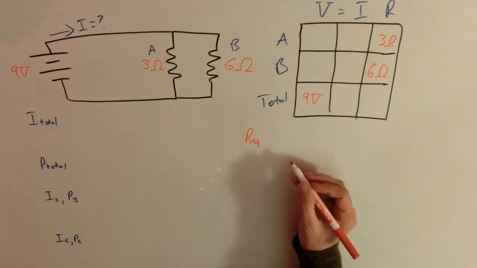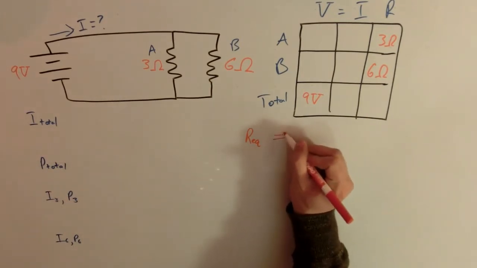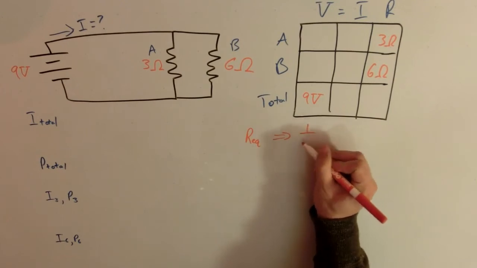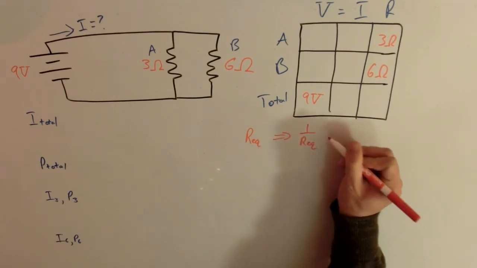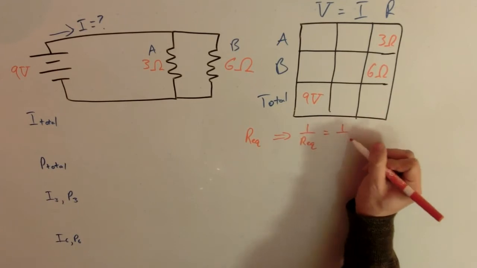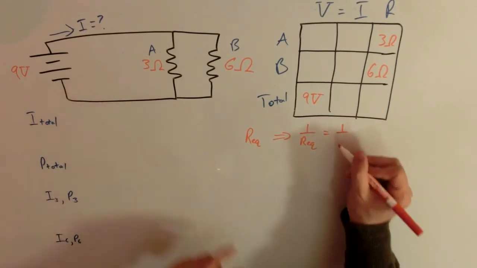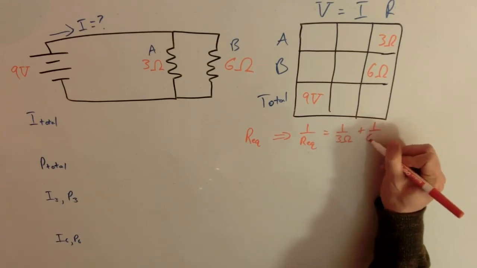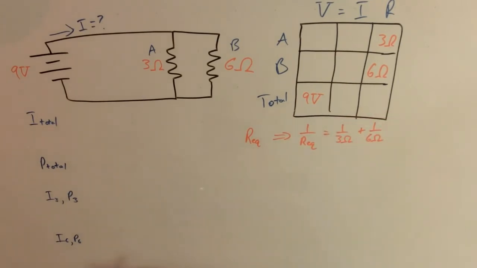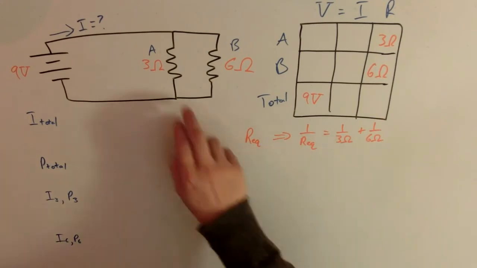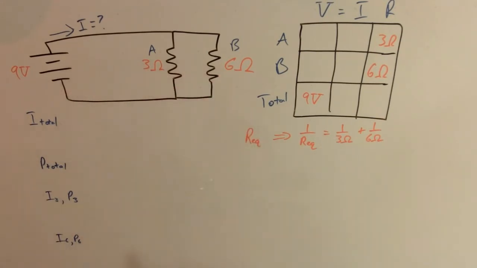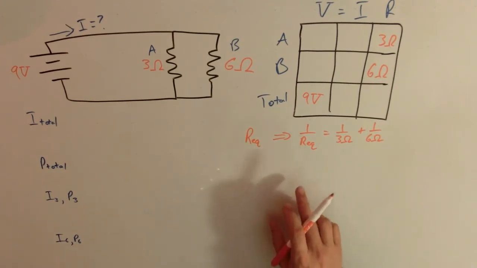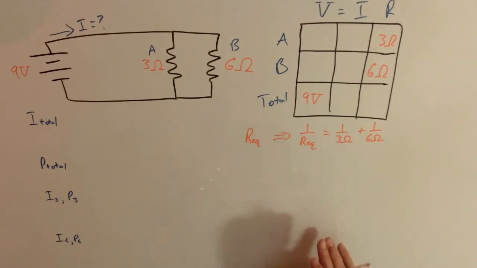Since these are in parallel, we know that we find our equivalent resistance by 1 over our equivalent resistance equals 1 over our first resistor, which is 3 ohm, plus 1 over our second resistor, 6 ohm. Basically, we go through and we take the reciprocal of each of our resistances and we add them up that way. That's how we keep track of our equivalent resistance when we're dealing with parallel.